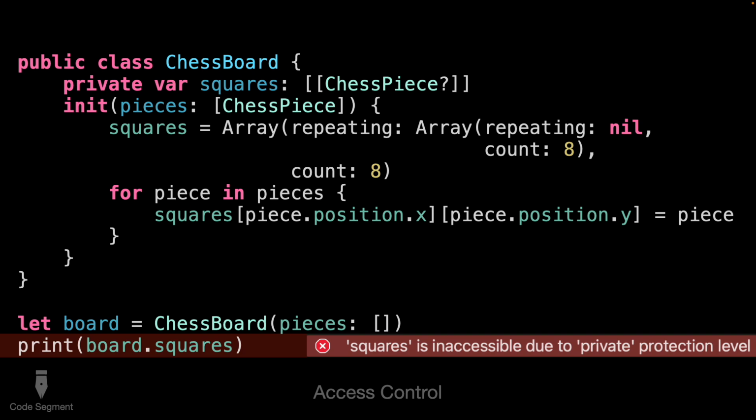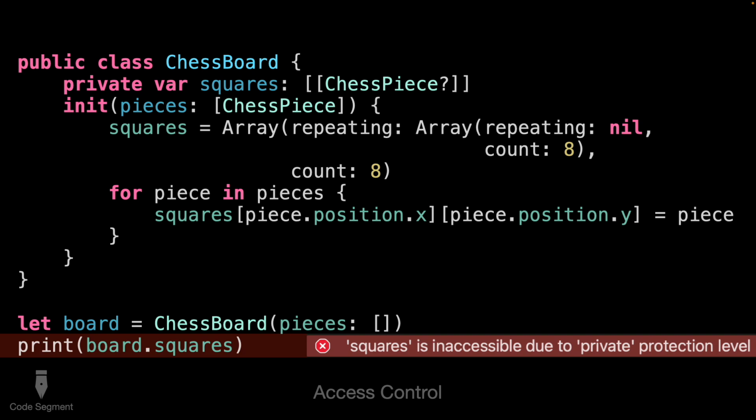If this code was written in any function, any other class, in your main, whatever, when you do board.squares, you get a compiler error. It's inaccessible due to private protection level, right? Because we've made it private. There is another problem with this code, right? Which is that, yes, our chessboard class is public, which means we could access it from outside of our module or library.